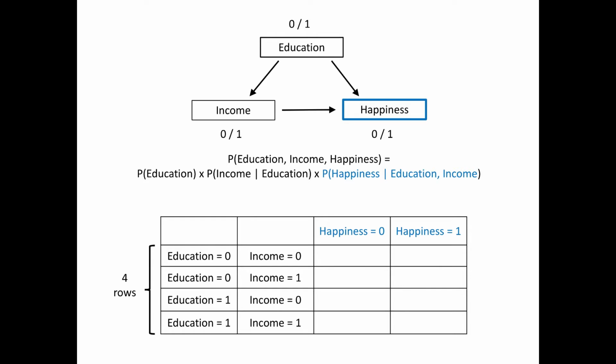Finally, we instantiate the probabilities and check that each of the 4 rows sum to 1. So, for example, this conditional probability table tells us that the probability that happiness is equal to 1, conditioning on education equal to 1 and income equal to 0, is 0.25.